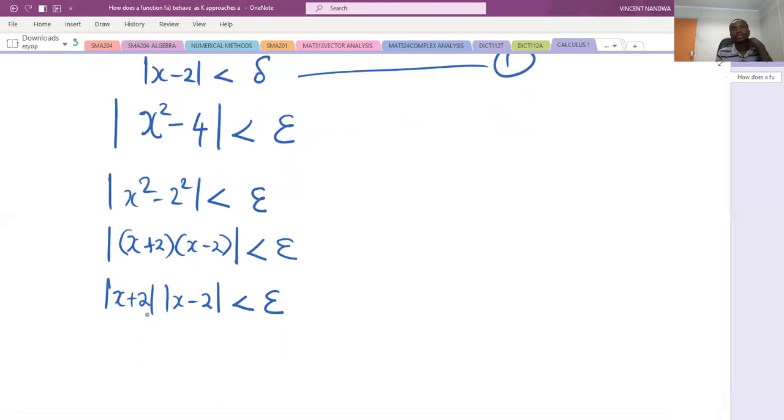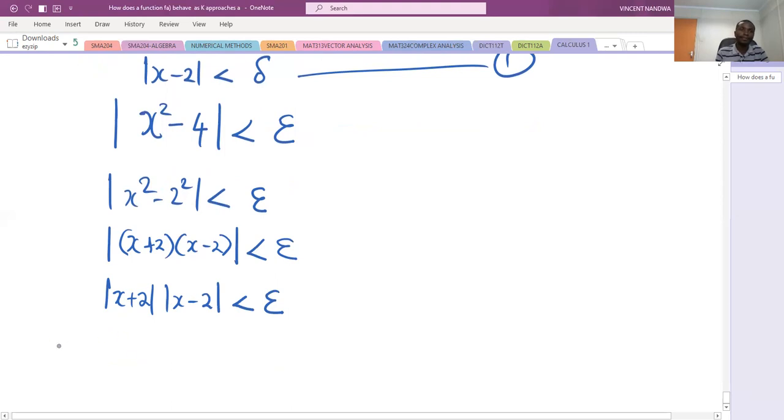So we know that we need to have absolute value of x minus 2, so we need to do away with this term here. But remember, this x is a variable. So it's not just like the previous one where we are dividing through and then you say, let delta be given by this value depending on epsilon.